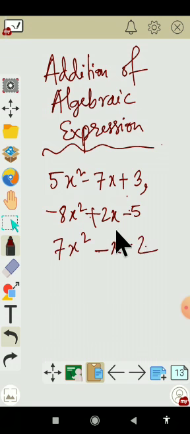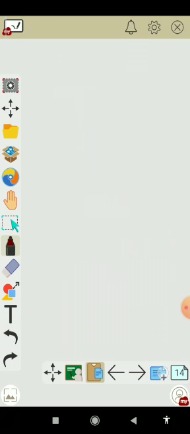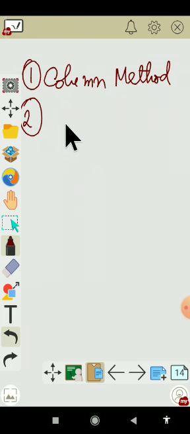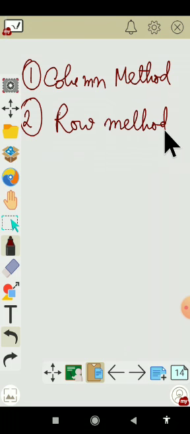These three algebraic expressions are there and we have to add them. We can apply two methods here. One is the column method. The second one is the row method. Any method we can use. First we will see the second one, the row method.